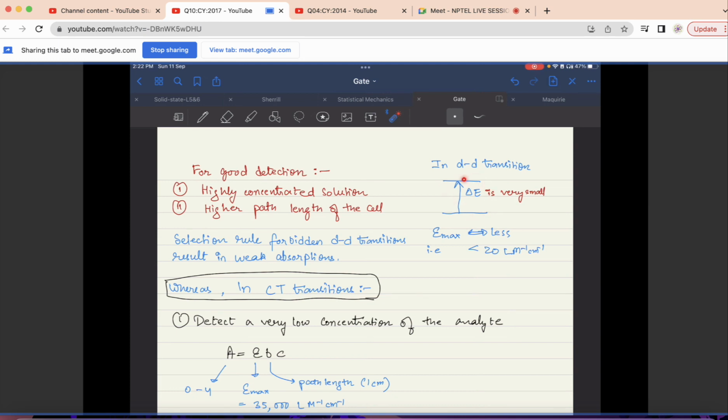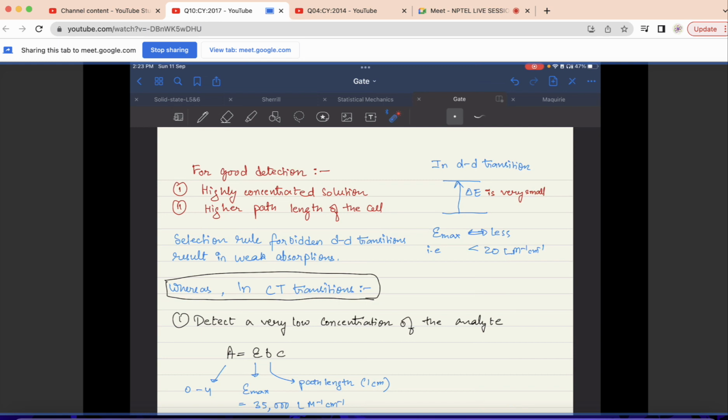So when the delta E is very small, the epsilon max value is also very small, less than 20 liter per mole per centimeter. So for good detection, I should actually take a very high concentration solution or even a higher path length of the cell.